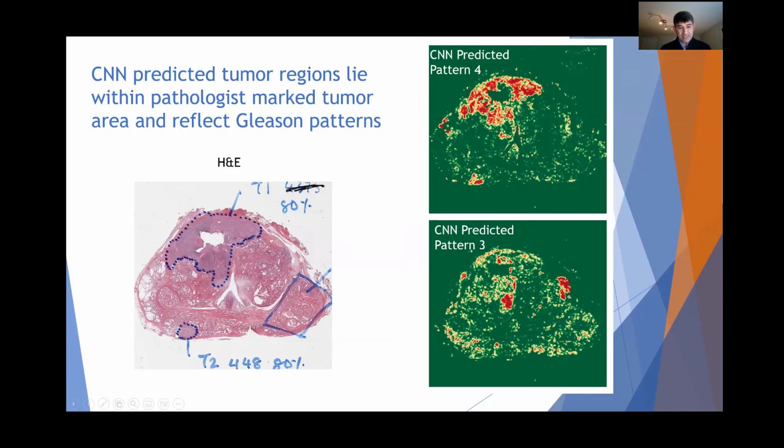And then if you look at this T2 region on the bottom, you can see here that it's almost exclusively grade pattern 4. And when you look down at the same region here, you don't see any grade pattern 3 pixels, which, again, is consistent with the homogeneous grade pattern 4 call by the pathologist.